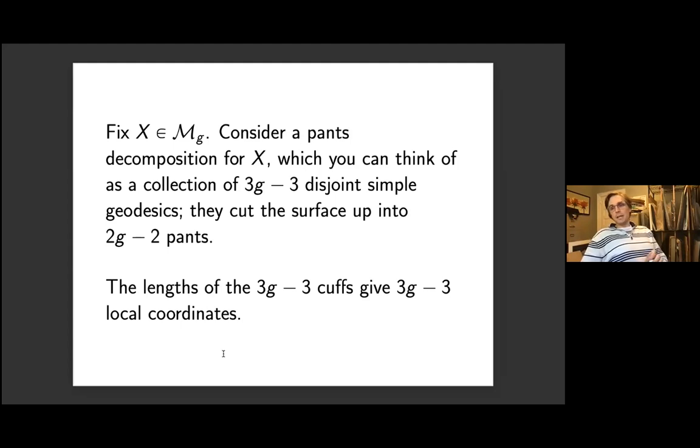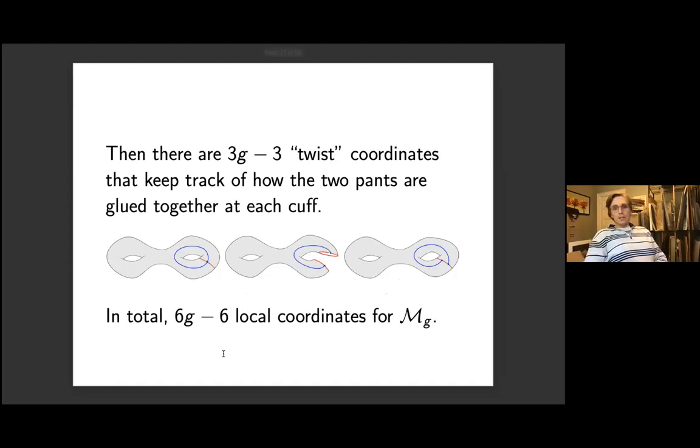And just by thinking about their lengths, you get 3G minus 3 local coordinates that are the lengths of the cuffs. But I said that M_G, this moduli space, is 6G minus 6 dimensional. So we're still missing 3G minus 3 local coordinates. And these are called twist coordinates, and they keep track of how you glue the pants together.